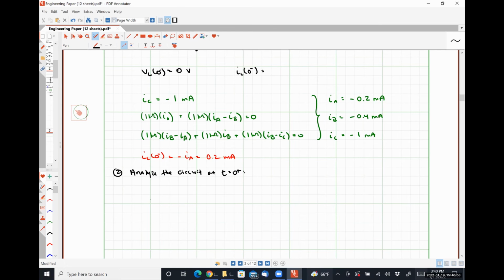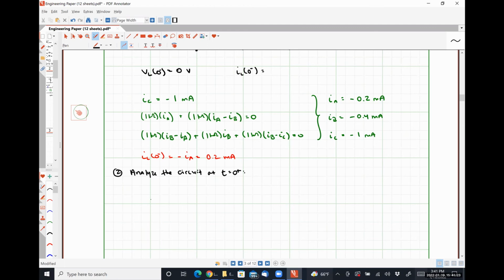Whatever value it had at t is equal to 0 minus, it must continue to have at exactly t is equal to 0 plus, okay? It's obviously going to change as time progresses, but that very instant, t is equal to 0 plus, is what we're going to look at here specifically, okay?